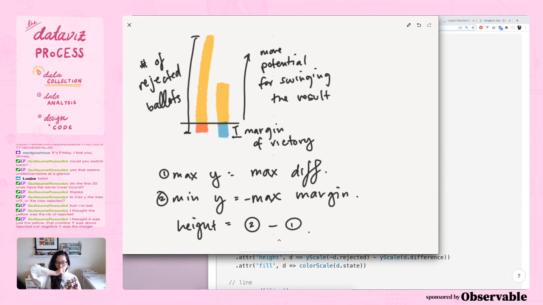So positive y is the number of rejected. Is that too abstract? The number of rejected ballots that... I'm gonna try this and then see if it actually works in terms of story, or if it's too convoluted. Okay, I'm gonna try.